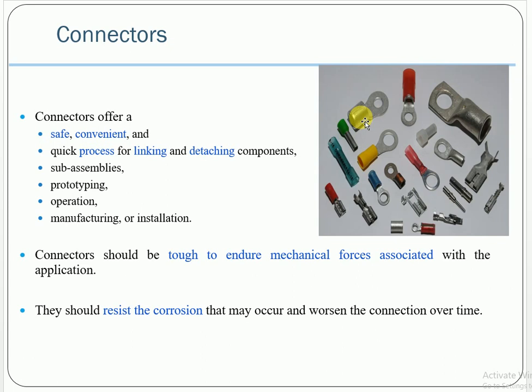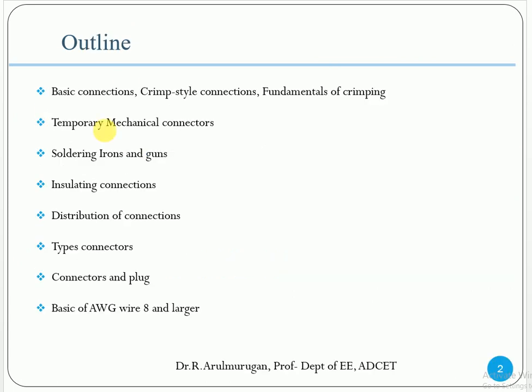Then what to do? Go for soldering. Insert the copper and you can solder it. If you solder, the strength is good. What is the difference here? This is a sleeve that is used. These are insulated connectors, crimping connectors, insulated connectors. So that is included in the first topic.